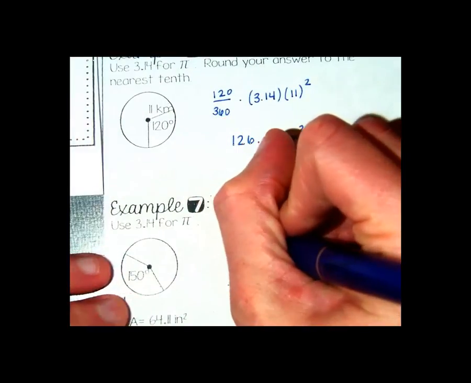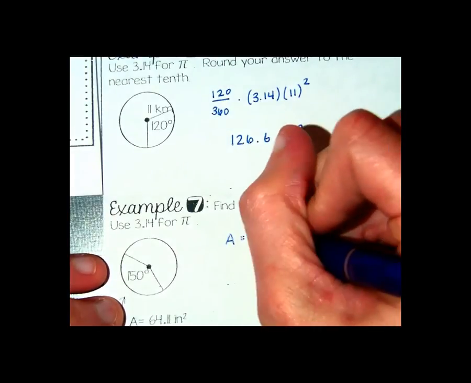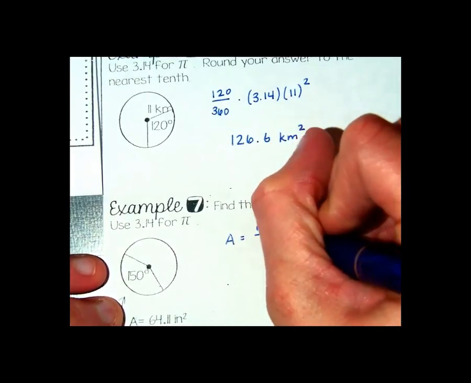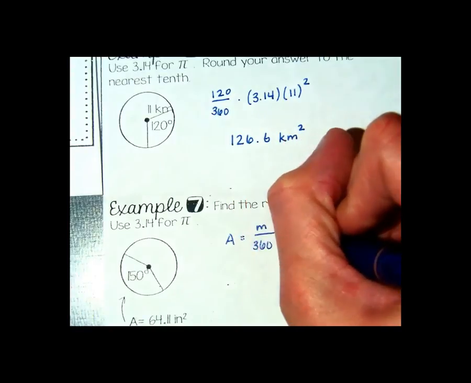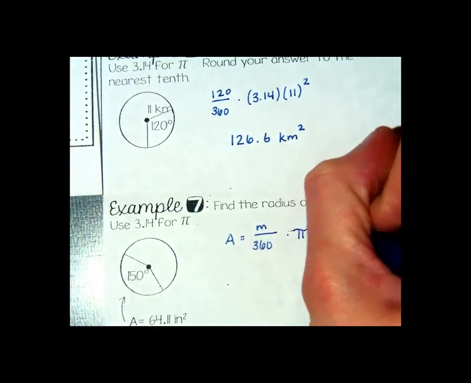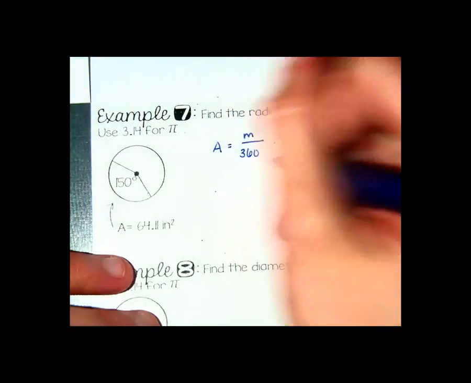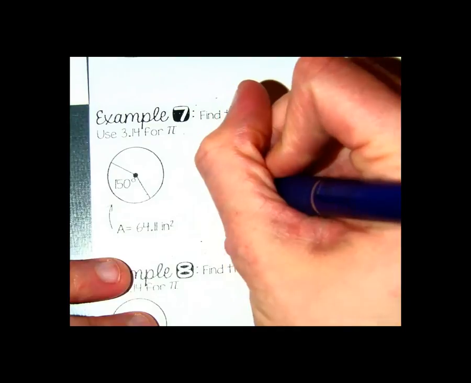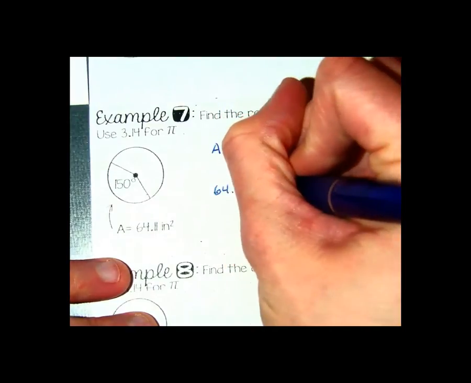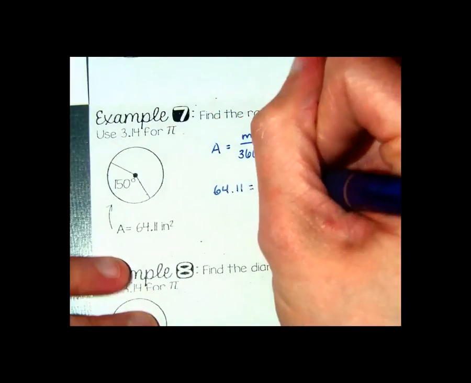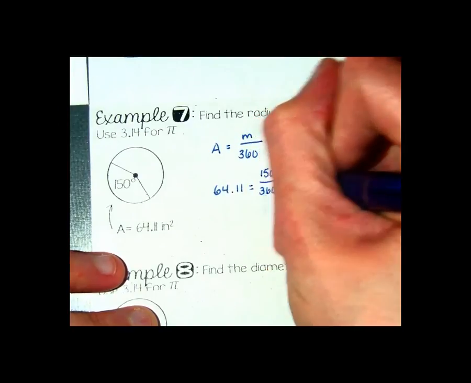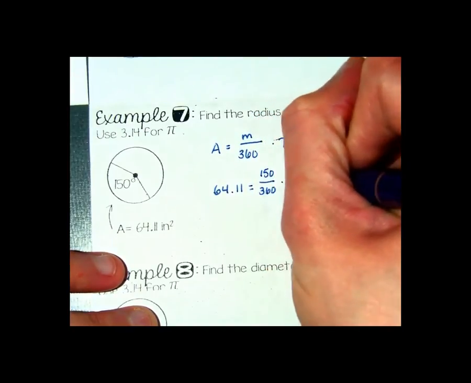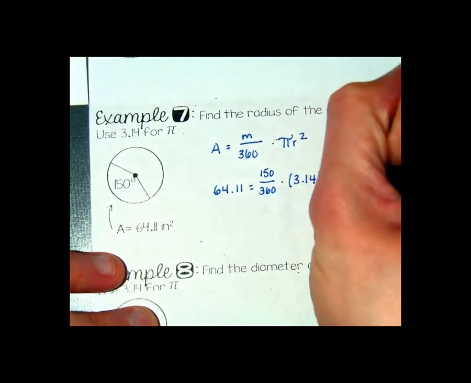Remember, area equals, sometimes instead of a fraction you'll just see the letter M, because M means the measure of the angle, times pi r squared. We are looking for the radius. We know that the area is 64.11. Do we know the fraction? 150 over 360. We're using 3.14 for pi, and we don't know r.